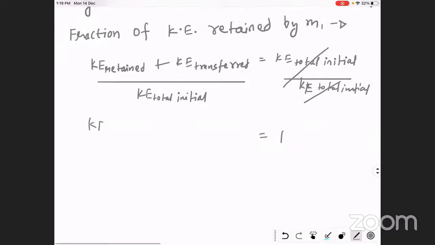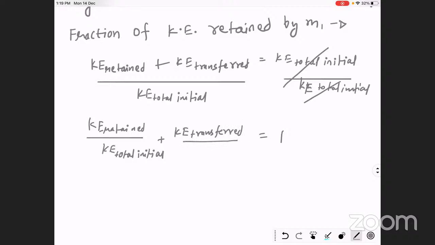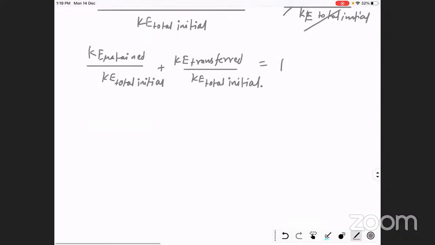And kinetic energy retained upon total kinetic energy total initial plus kinetic energy transferred upon kinetic energy total initial. I know this is going very long, but it is important.